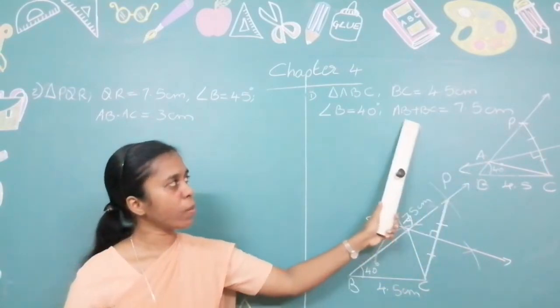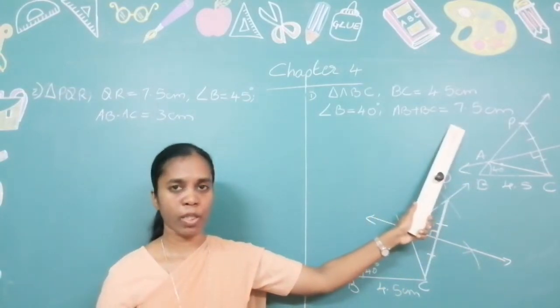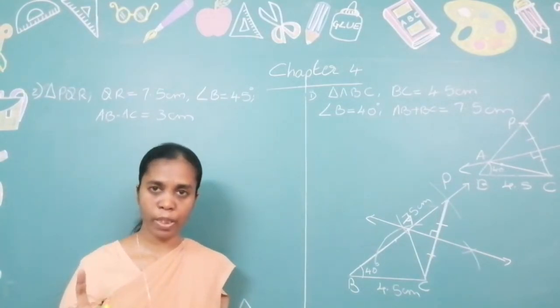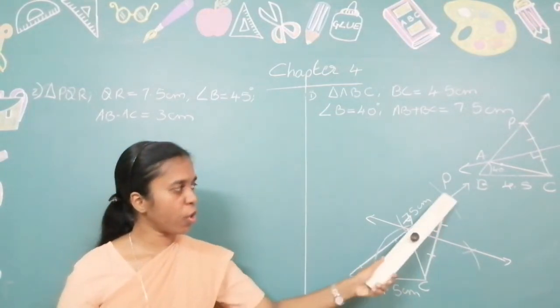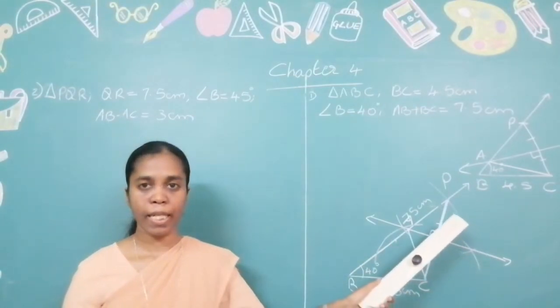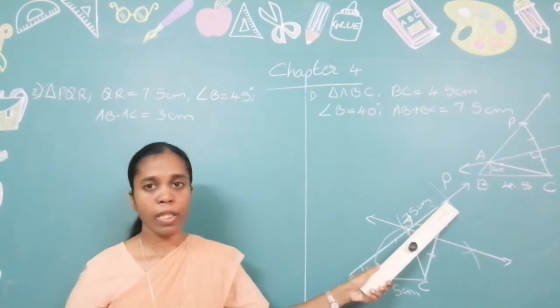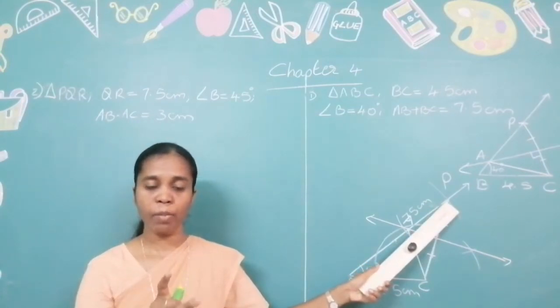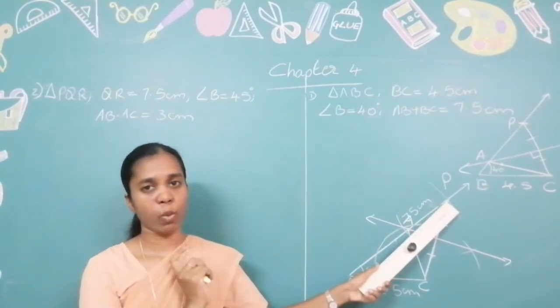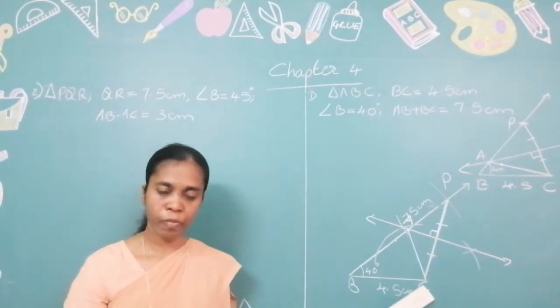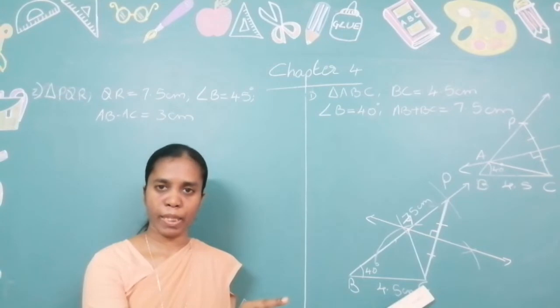Next measure given is the sum of the other two sides. So take that measure on your compass and mark it on the ray that you have drawn. Mark that point. Give it any name other than what is required in the triangle. Join from there to C. Then draw the perpendicular bisector.